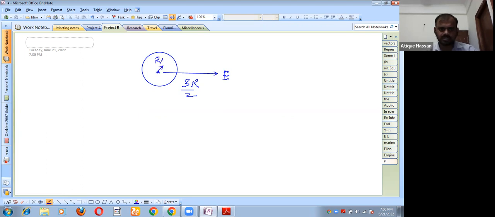Suppose this is the center and you have to find the electric field at point P. Understood the question?